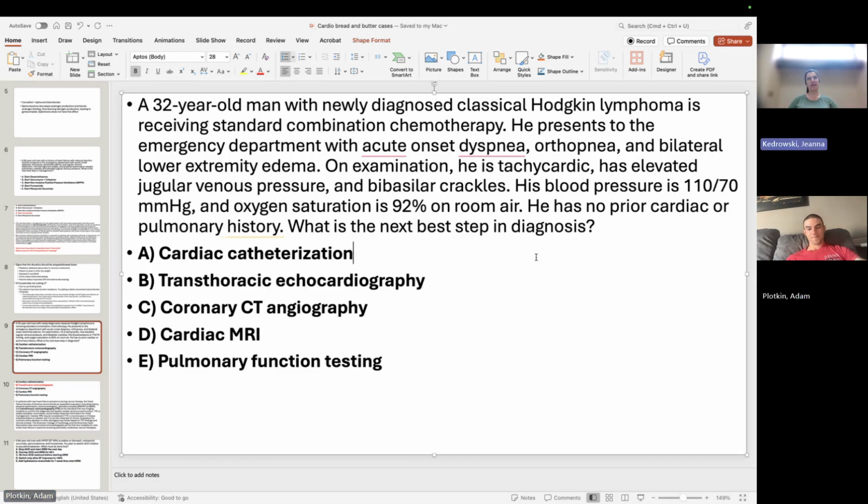Cell markers, CD what? It's B cells, but this one's actually not CD20. Your non-Hodgkin's lymphomas are classically CD20. Your Hodgkin lymphoma is classically CD15, CD30 positive.